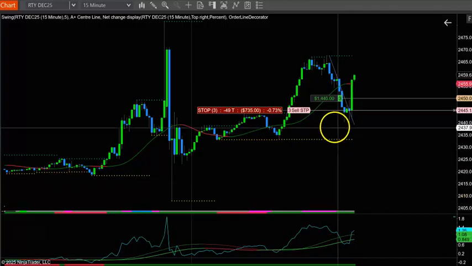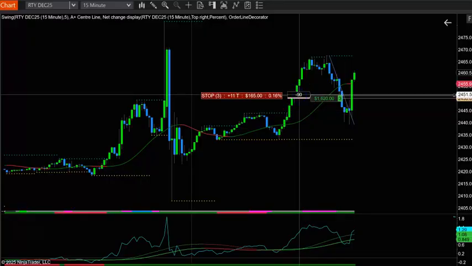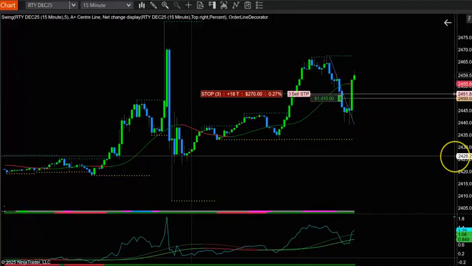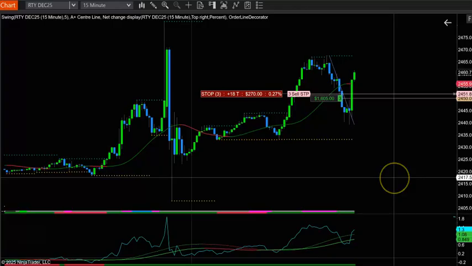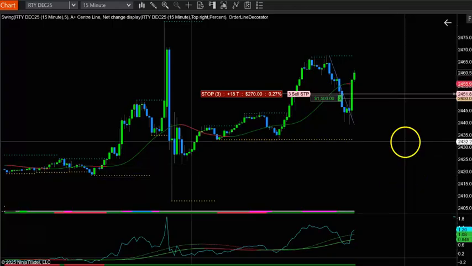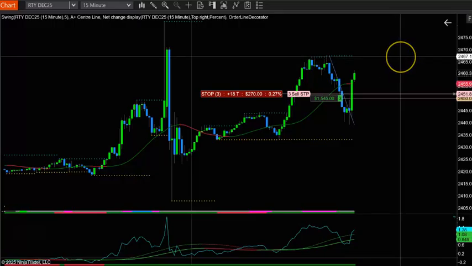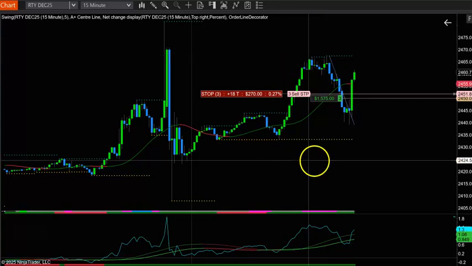Alright, now we're getting somewhere. Should be able to make it to this top swing level where we hit it once there. Hit it twice there already.